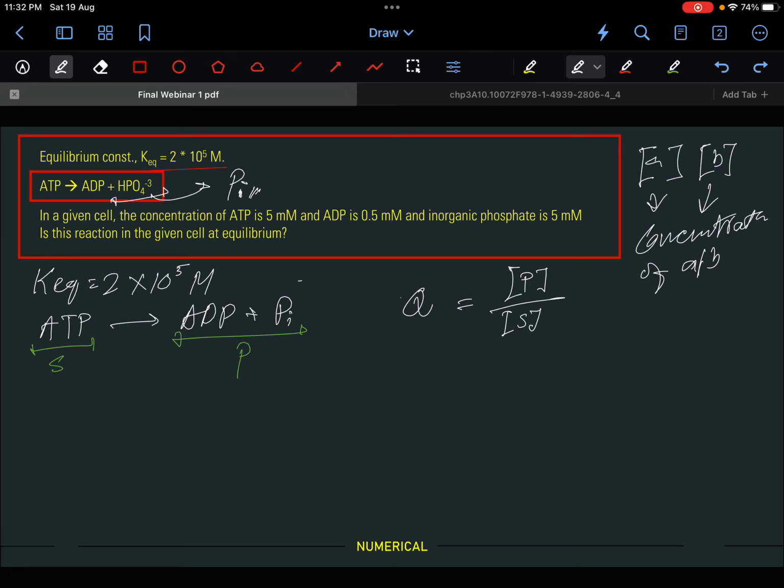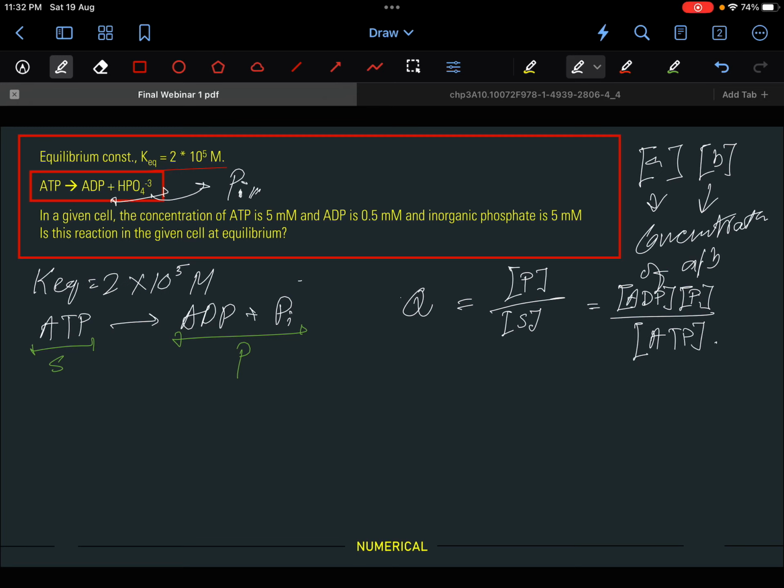We have two products, so in this case the formula will be the multiplication of the concentration of ADP and the concentration of inorganic phosphate, divided by the concentration of substrate. Okay, so what is the question?